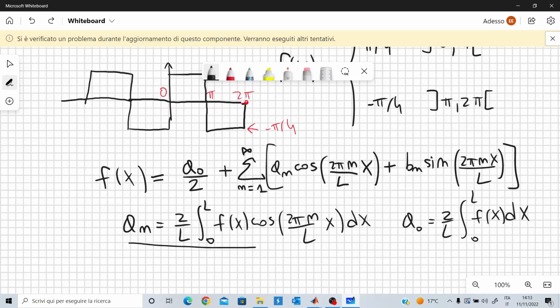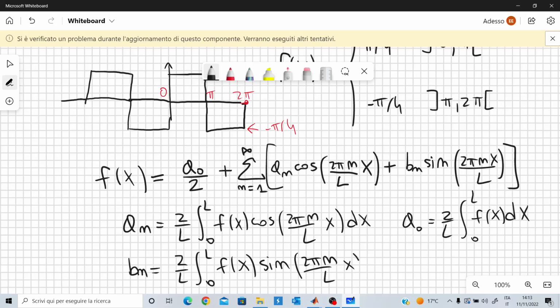So in principle, you can use this formula also for A0. If you set n equal to 0, this formula also works. But usually we make a distinction between the index n equal to 0 and n greater than or equal to 1. Similarly, b sub n is equal to 2 over L integral from 0 to L of f of x sine of 2 pi n x over L dx.